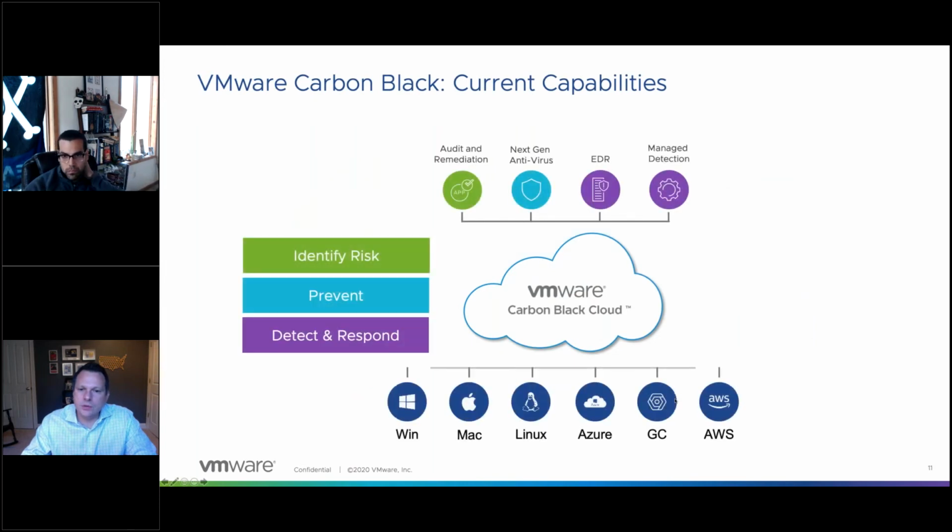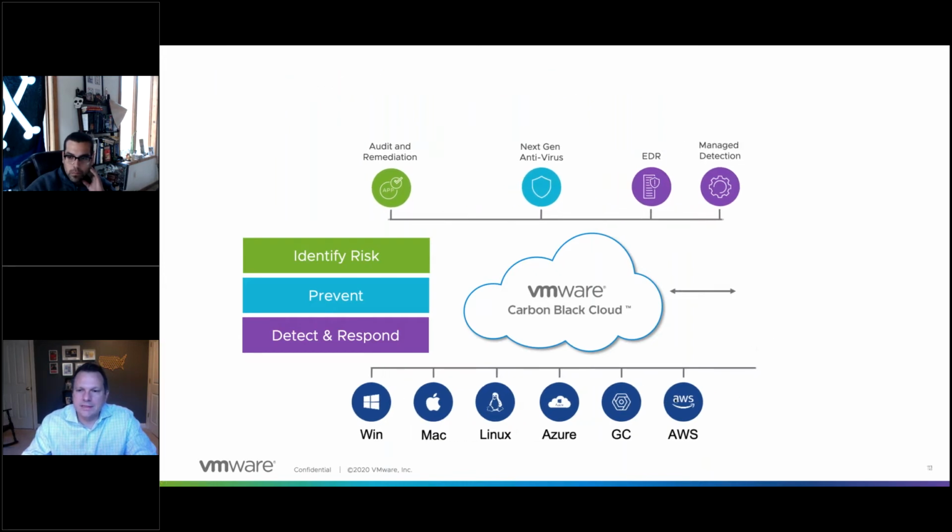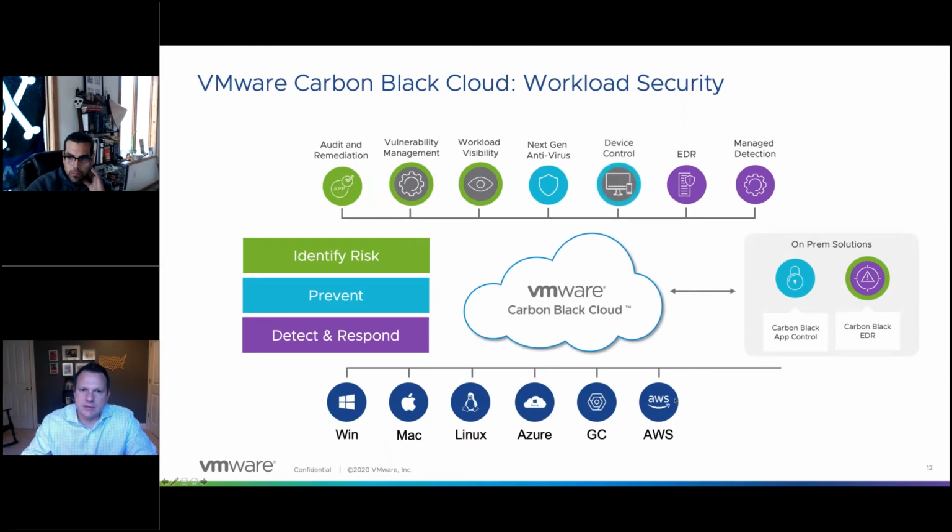So what we did with the Workload Security product is we took the base set of offerings that Carbon Black provides today, these things across the top: audit remediation, NGAV, EDR, managed detection, and we expanded that out, and this was announced at VMworld this year, to include new sets of functionality on the top, specifically vulnerability management and something that we refer to as workload visibility, just getting better insight into workloads.